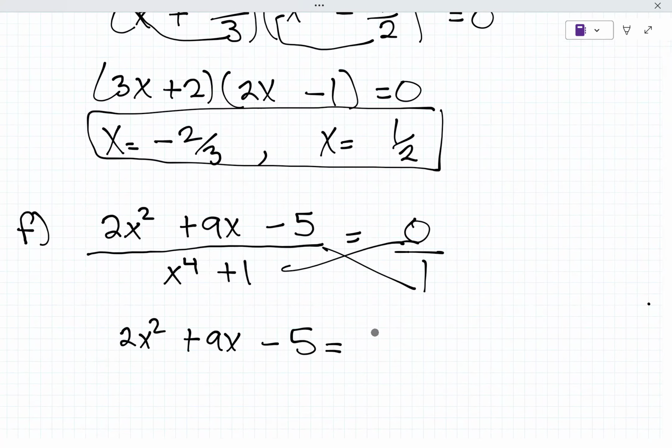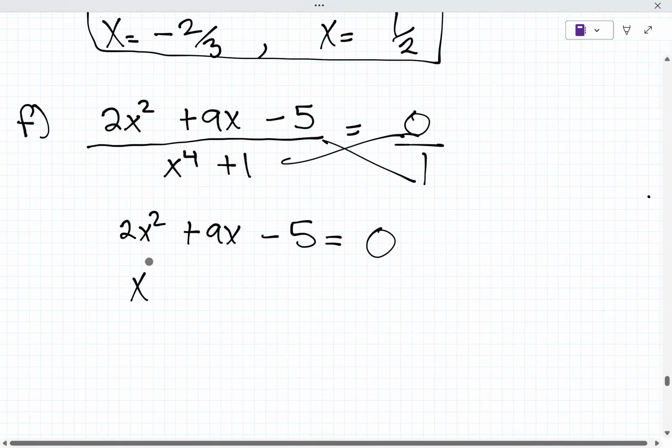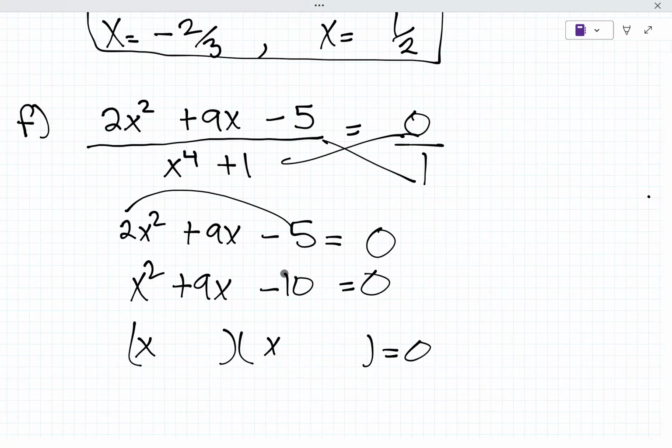And what can I do? I'm going to factor using bottoms up, so it's going to be x squared plus 9x, and then 2 times -5 is -10. Factor this out: x, x. What multiplies to -10 and adds to give you 9? Definitely 10 and 1.